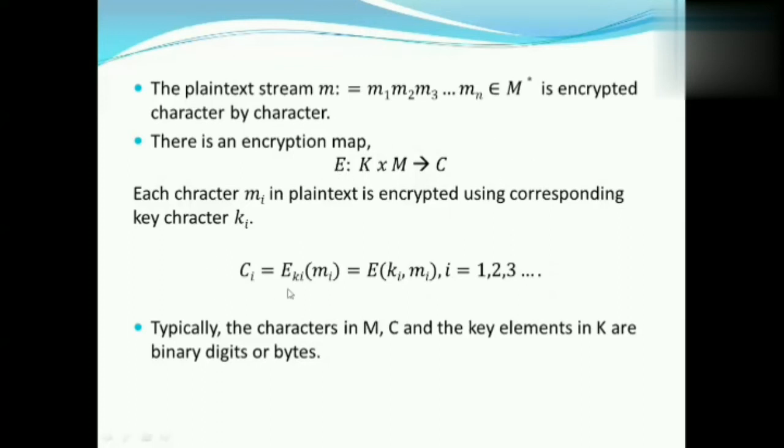Formally we can define it like this. Ci is the ith ciphertext, which is generated using the ith key and the ith message. So the encryption of Mi with Ki gives me Ci. Here i can be 1, 2, 3, meaning the first character, second character, or third character.